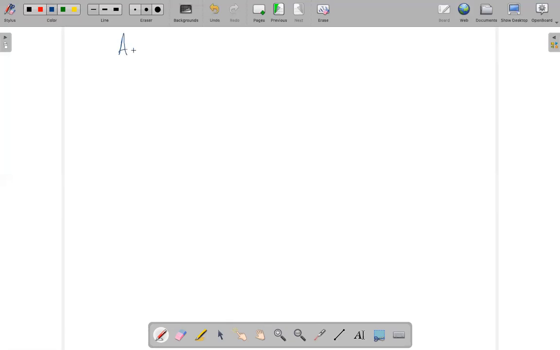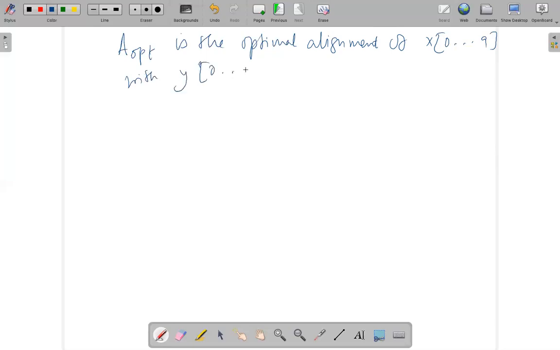Let us say that AOPT is the optimal alignment of x 0 through 9 with y 0 through 7. And also x0 has been aligned with y0 for argument's sake.